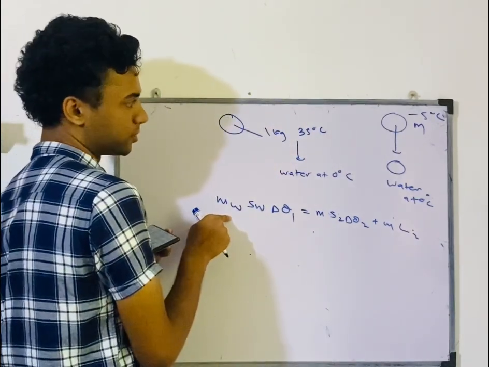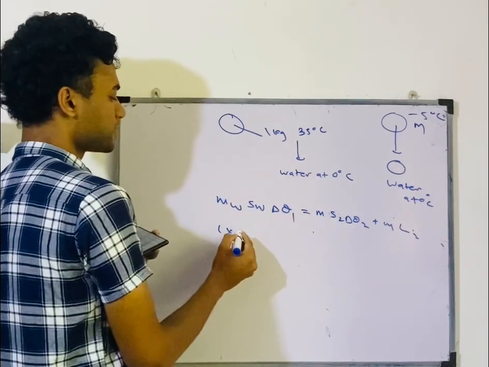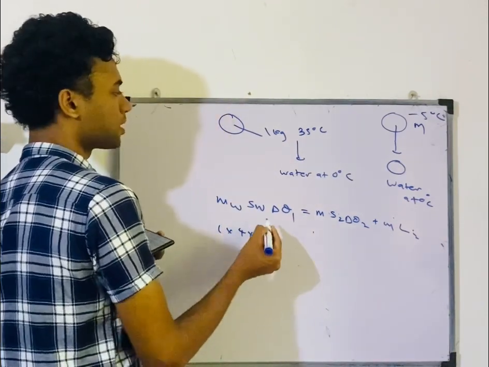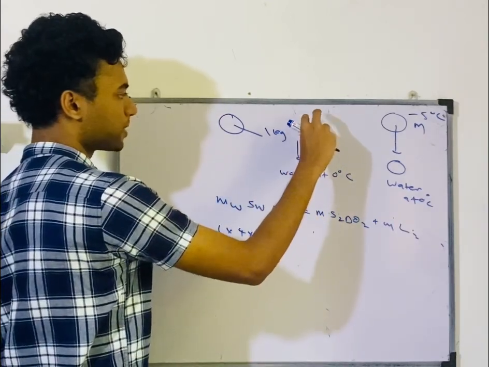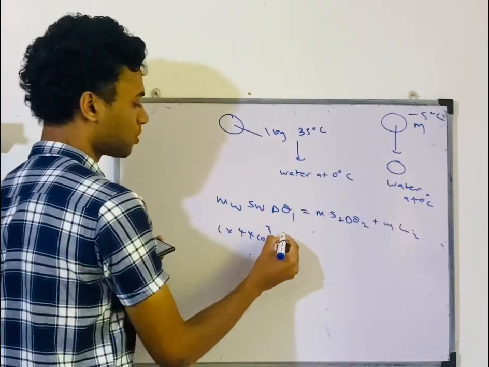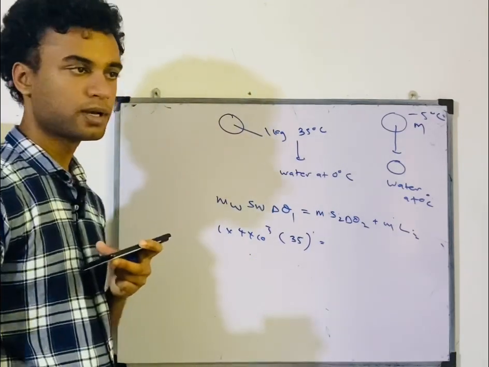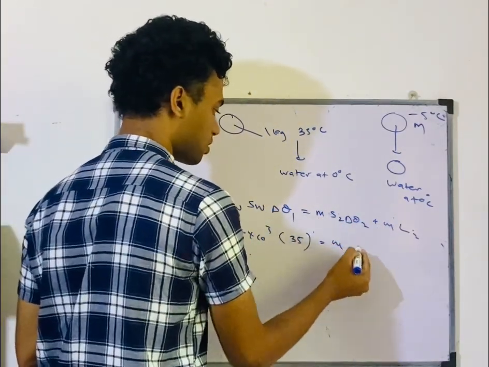So what's the mass of water? 1 kilogram. Specific heat capacity 4000, so 4 times 10 to the power 3. The temperature difference is given: it's cooling from 35 degrees Celsius to 0 degrees Celsius. Therefore, the temperature difference is 35. Is that clear? Then I can take a common factor, m is common.